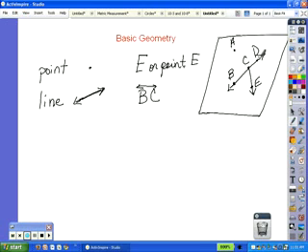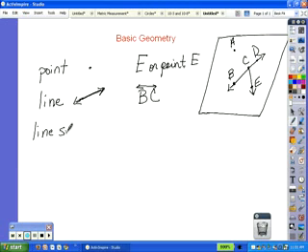But this one line could be named line BC like I have. It can also be named line CB, just flipping those 2 points. It could be named line CD or line DC, that would be the same name, or line BD or line DB. Any 2 points along the line in any order, name a line.